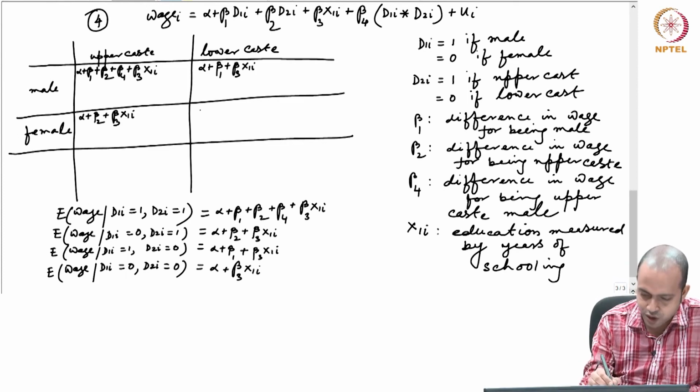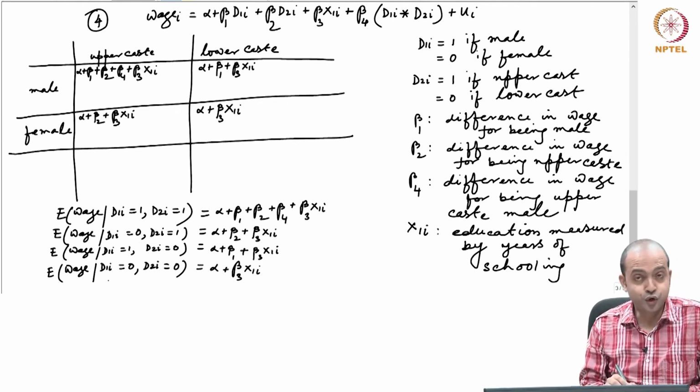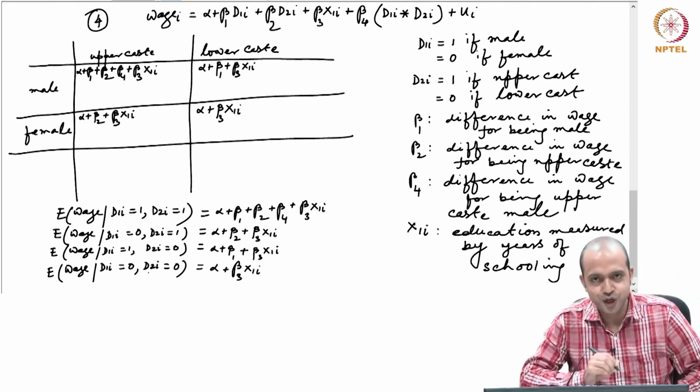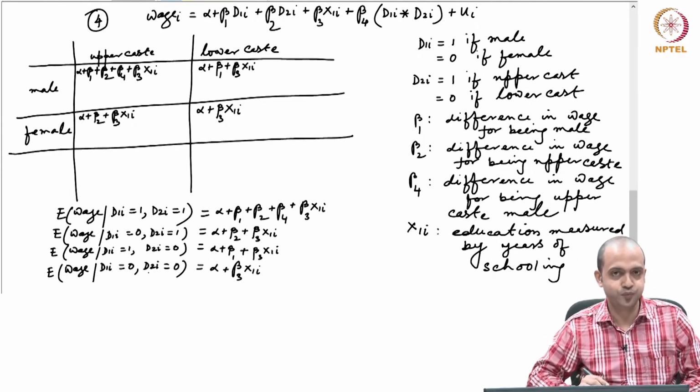So this would become alpha plus beta 3 x1i. Now, when I am putting D1i equals 0, D2i also equals 0, please keep one thing in mind clearly: when you have two dummies, two qualitative variables, what is your base category or benchmark category?